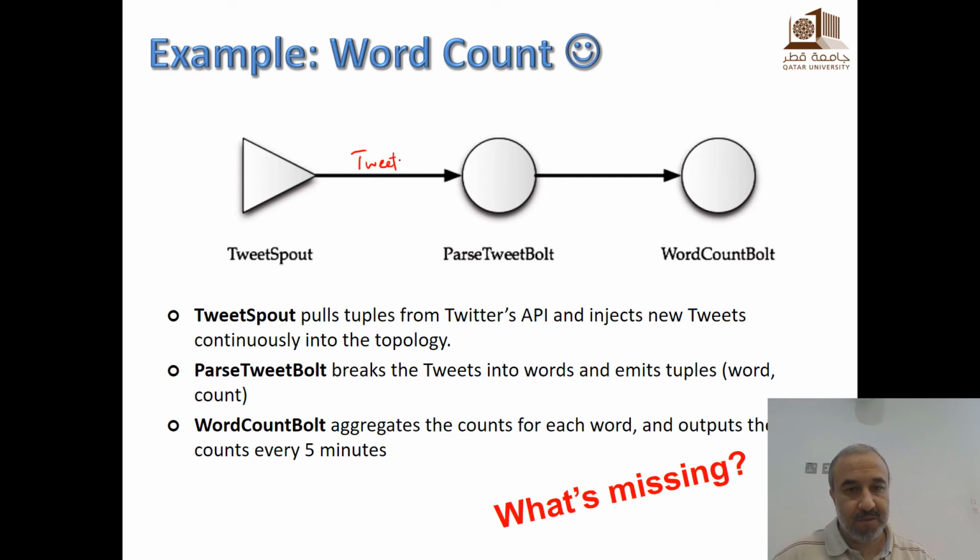These are tweets, right? And it will generate words. Is that clear or not? It's clear, right? Just splitting the words within the tweet and emitting the words with counts of 1. There's no window here.